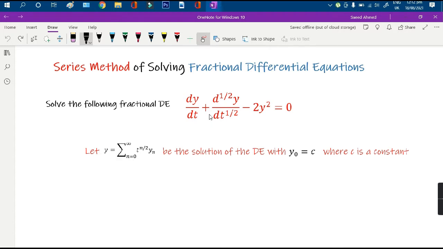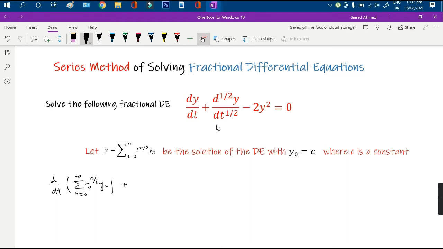So what I do is just plug this value of y into the series. This becomes d/dt of y, which is the summation from n equals 0 to infinity of t raised to the power n/2 times y_n, plus the half derivative of y.